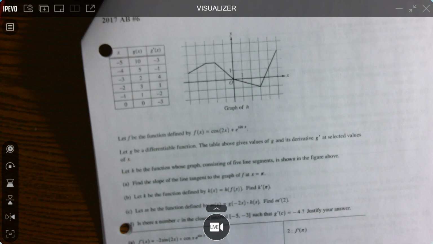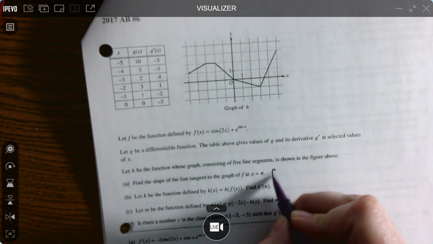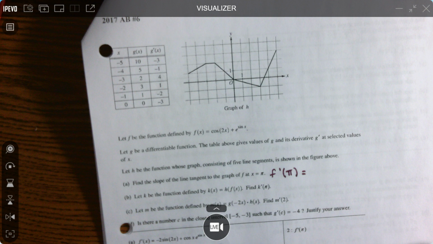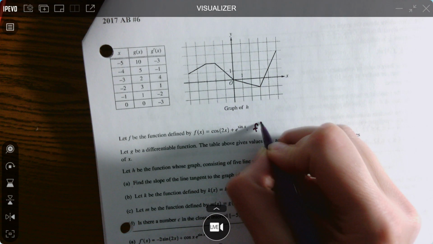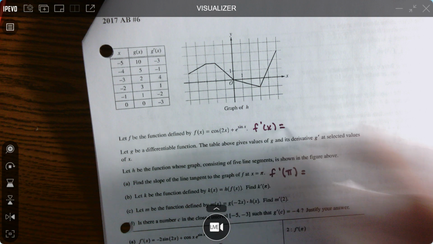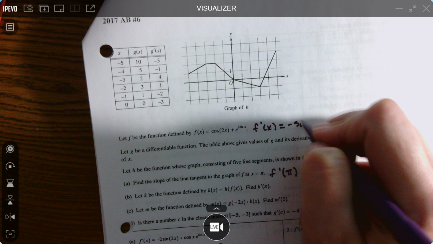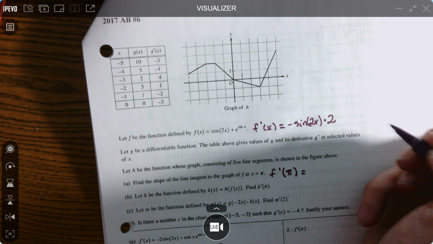So on A, the slope of the tangent, what I'd be really looking for is f prime of pi. Up here, where I have a little bit more space since it's kind of scrunched in, I'm going to find the derivative of f. The derivative of cosine is sine, leave the inside alone, and then multiply by the derivative of the inside.